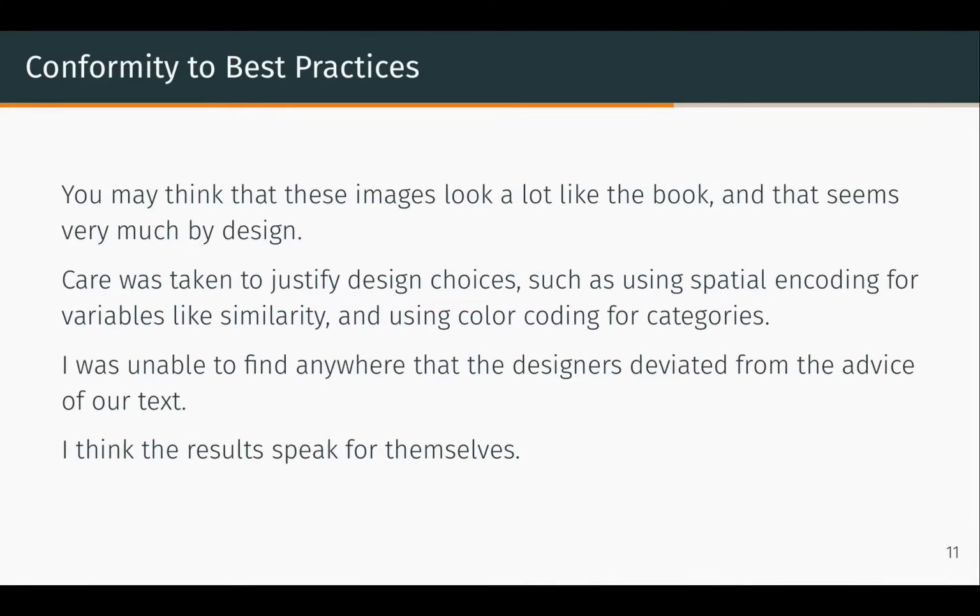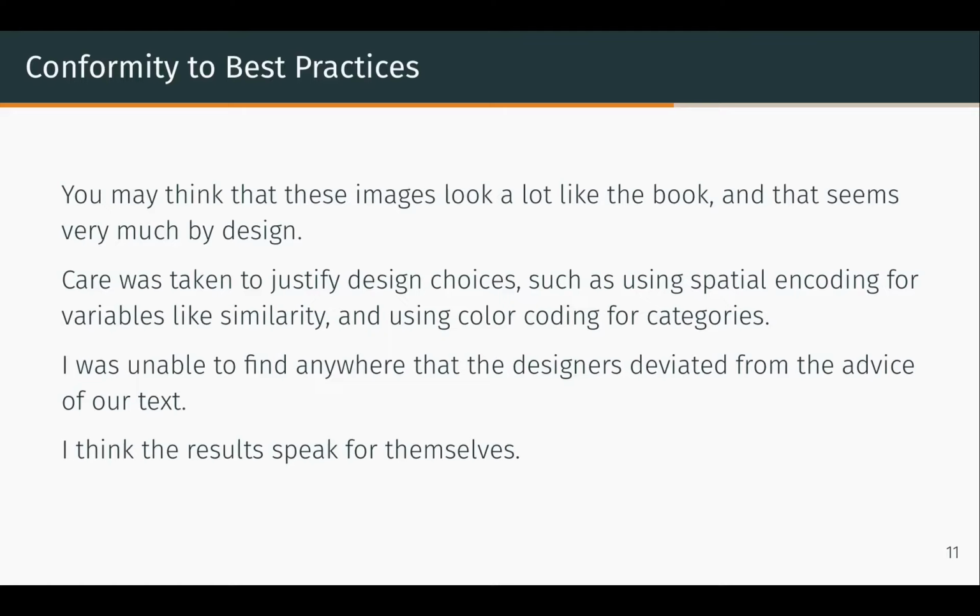So now I'm going to provide my own critique of Pathline and tell you what I thought of its design choices. If you're looking at the images in this presentation, you might think that they look rather familiar, kind of like the images in our book. And I think that's very much by choice.